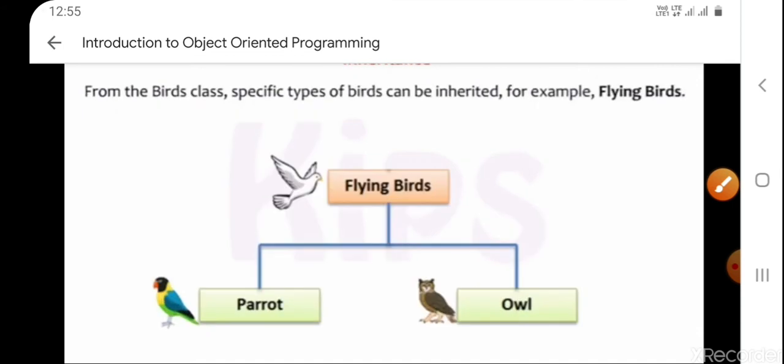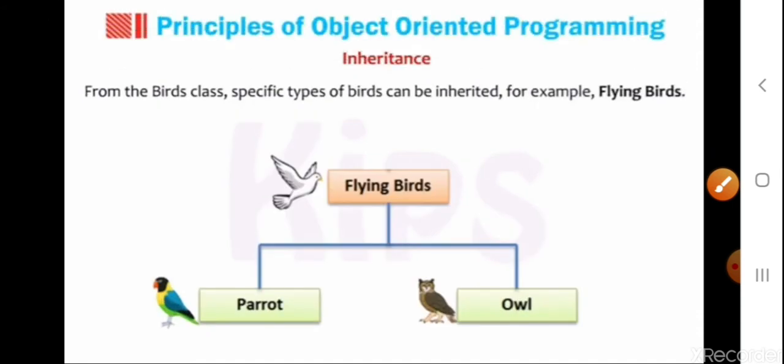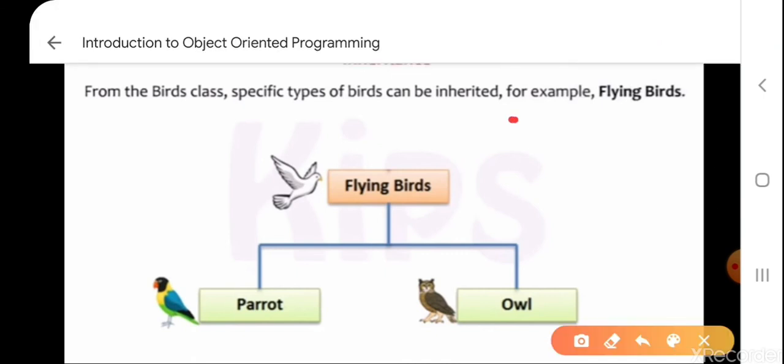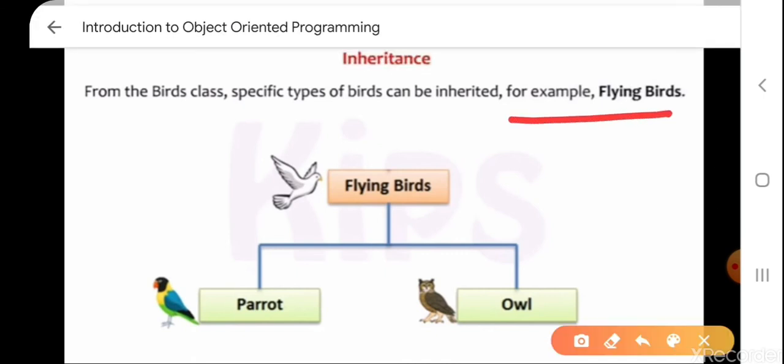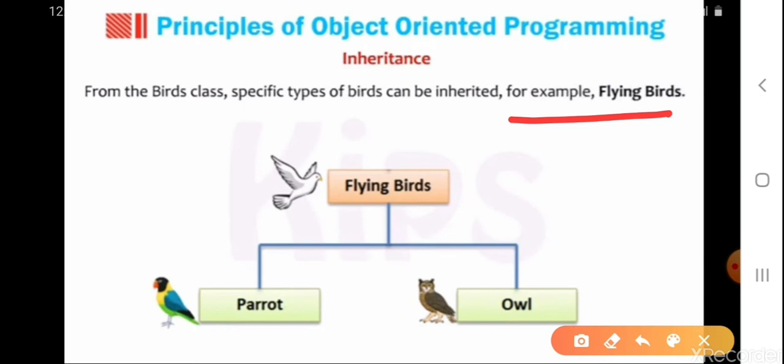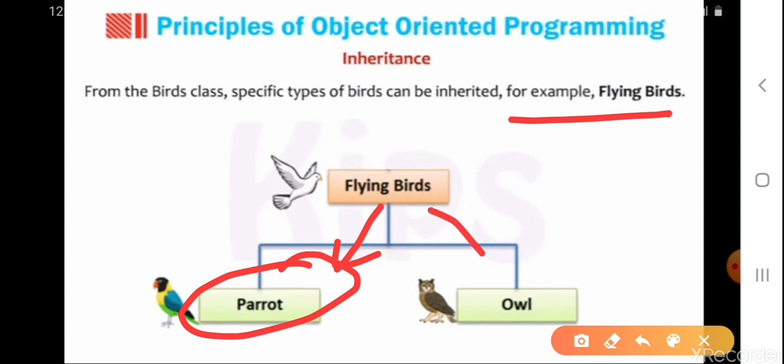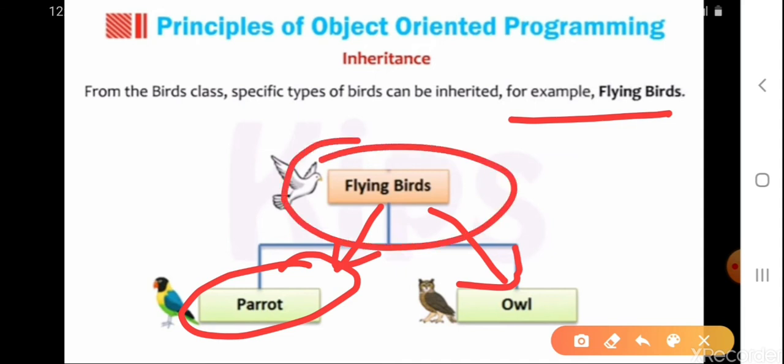Yes, from the bird class, specific birds can be inherited. For example, a parrot: all the behaviors of a parrot can be inherited from the flying bird class. In the same manner, some of the behavior of the owl class can be inherited from the flying birds class.